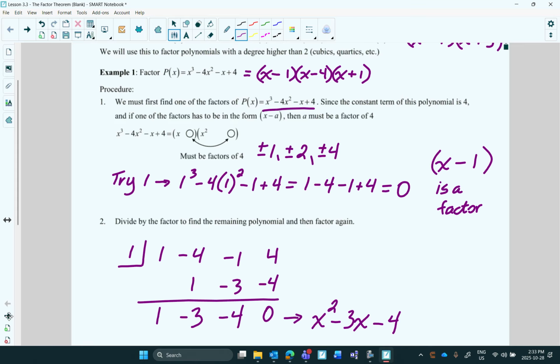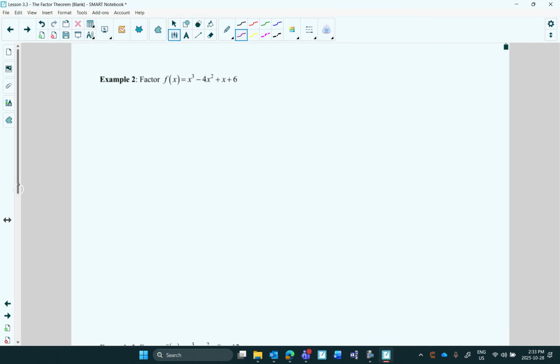Okay. I want to try a couple more of these. This one's going to break up into 3 binomials. Why? Because the degree is 3. I need to find one. So I need to try a number that is a factor of 6.